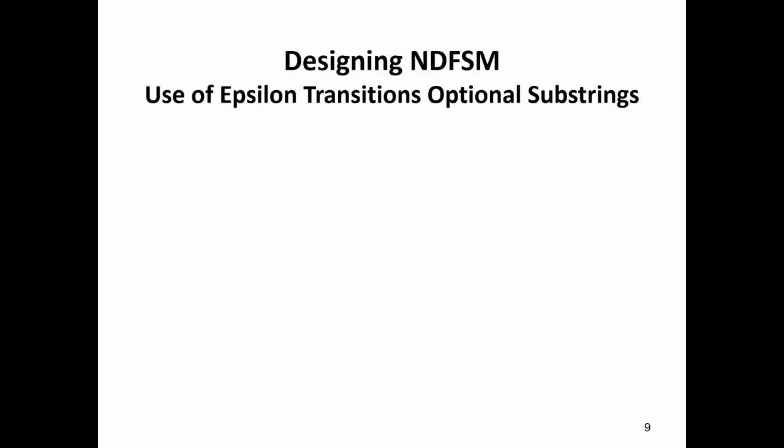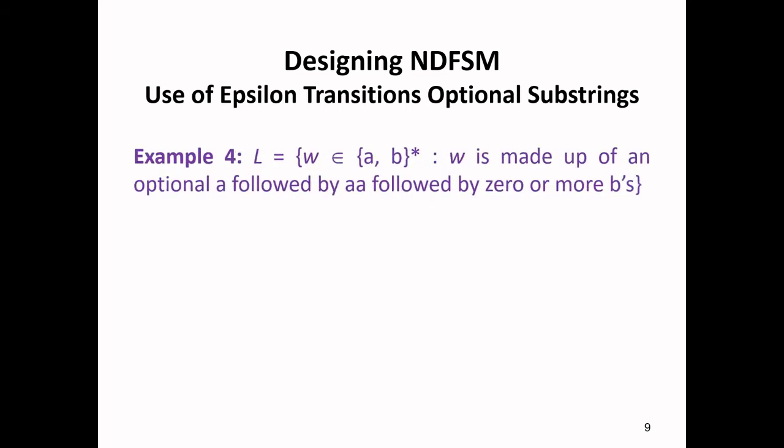Let us see how to design a NDFSM using an epsilon transition as an optional substring. The language contains a string which is made up of an optional A followed by AA followed by 0 or more B's.